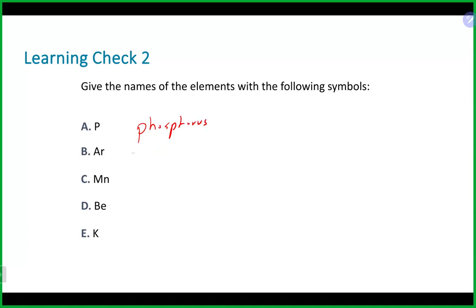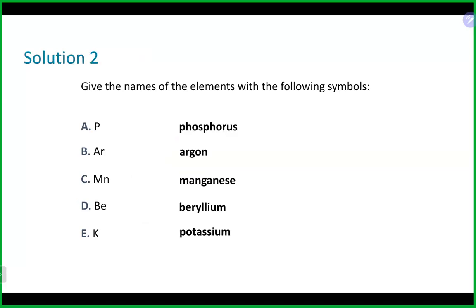Ar is argon, yep, a noble gas, so that does pop up a lot. Mn is manganese, not magnesium, so that's manganese. Be is beryllium, and K again is our potassium, right? So there we go. All right, any questions on elements, symbols, names?